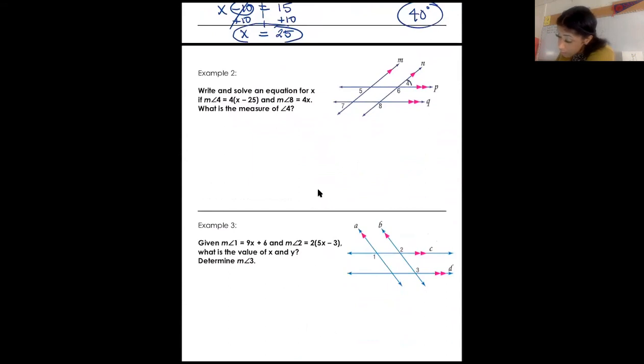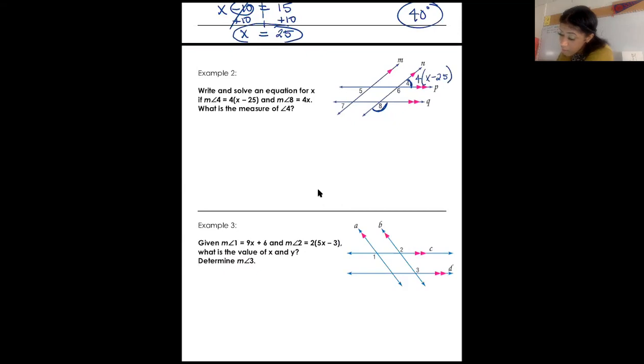So angle 4 and angle 8. The measure of angle 4 is going to equal 4 parentheses x minus 25.